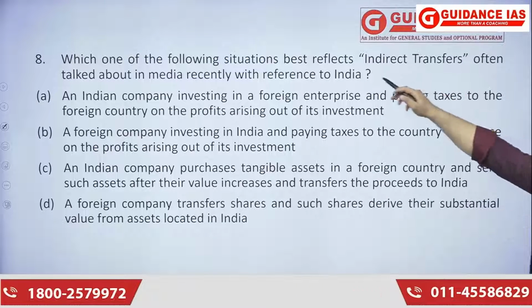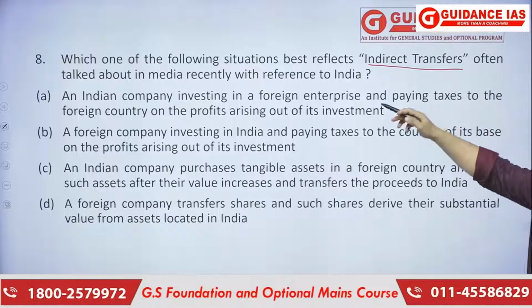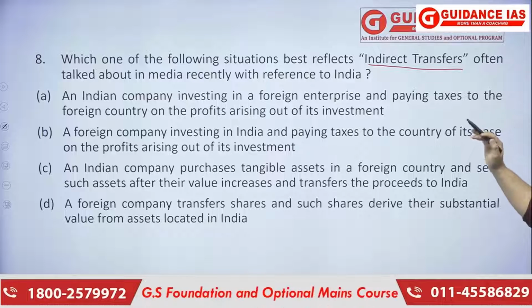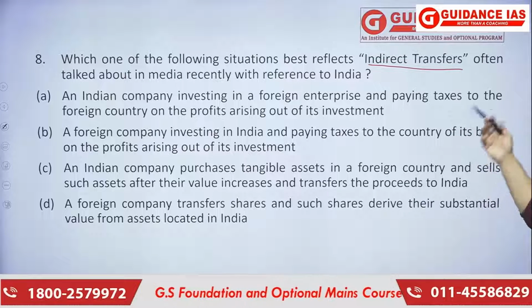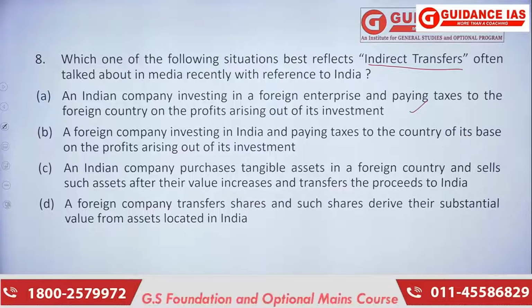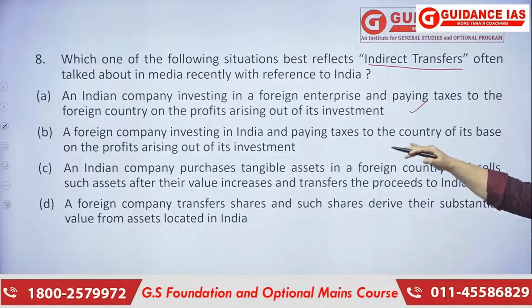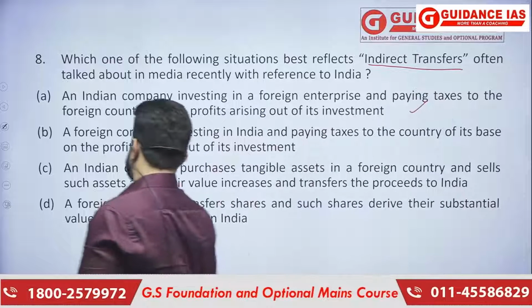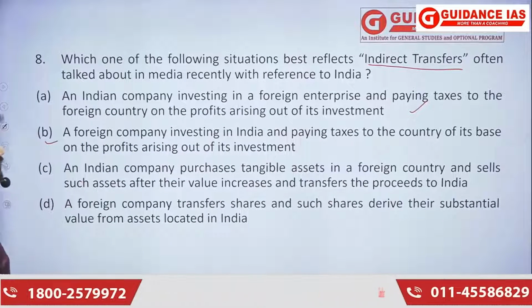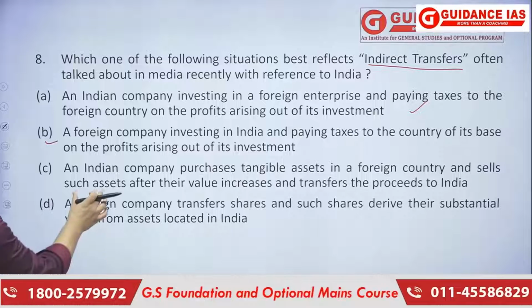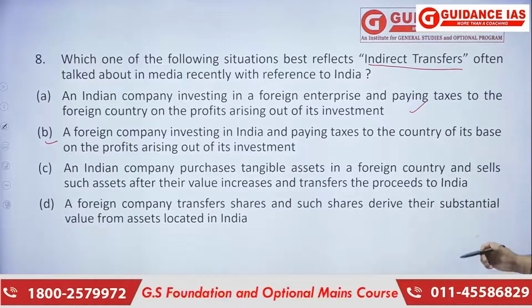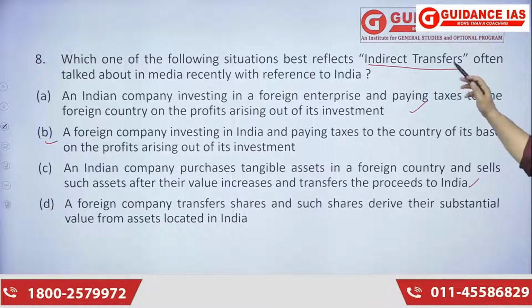Okay, so it was a direct question where the first statement, an Indian company investing in a foreign enterprise and paying taxes to the foreign country on the profits arising out of its investment, that is not actually indirect transfer. A foreign company investing in India and paying taxes to the country on the profits arising out of its investment, that is also not what we know as indirect transfer. An Indian company purchases tangible assets in a foreign country and sells such assets after their value increase and pays tax on the proceeds, not the case of indirect transfer.